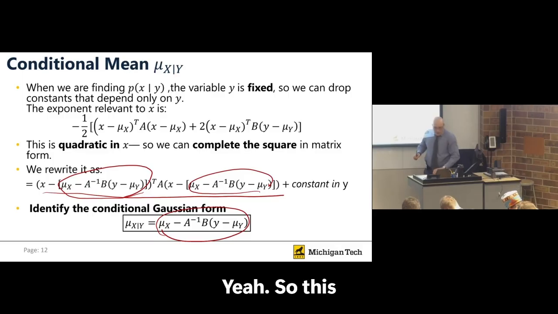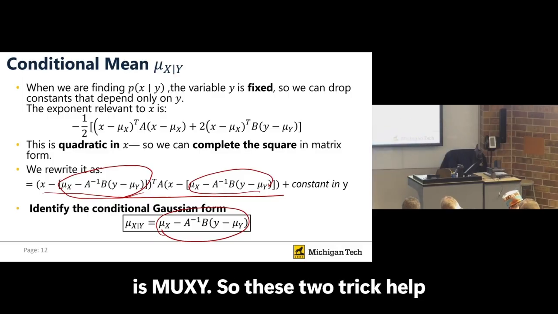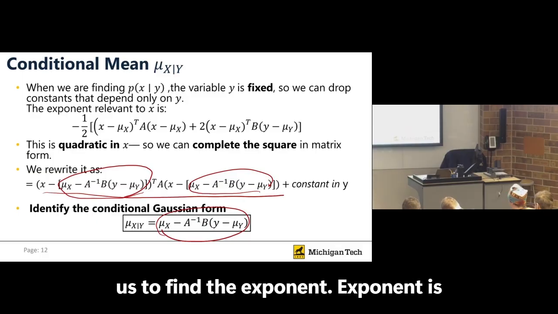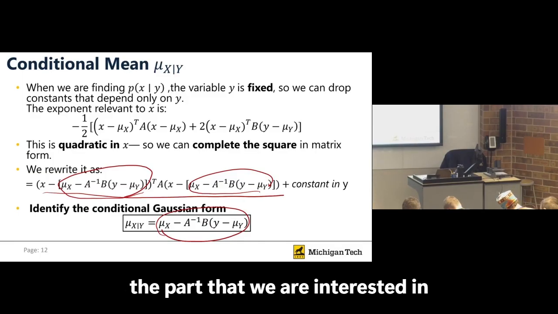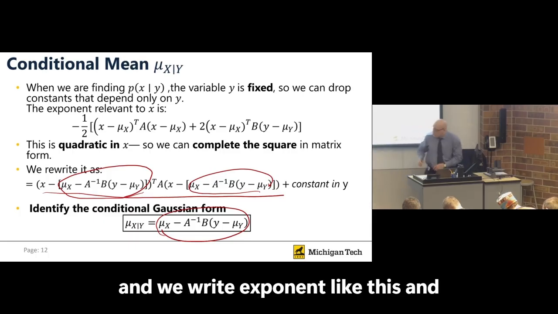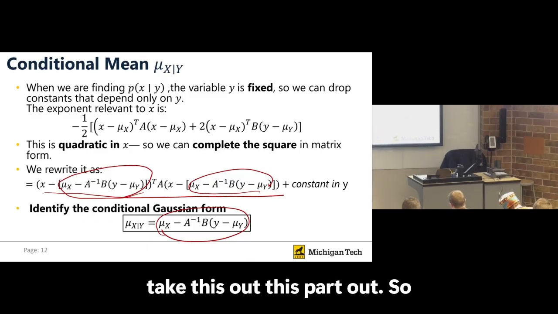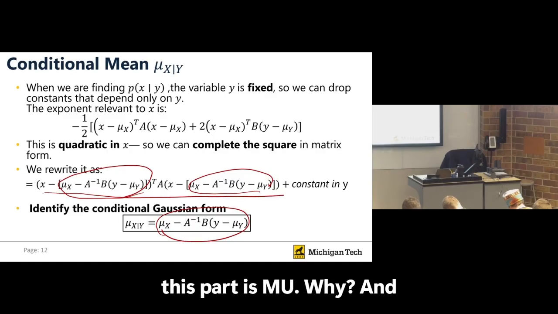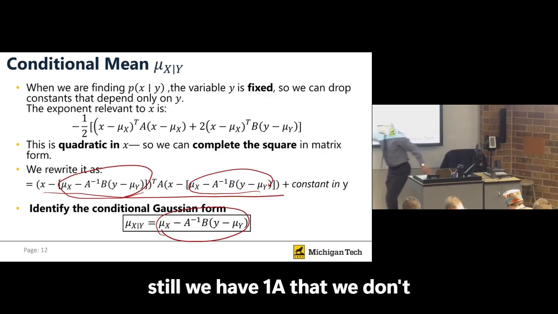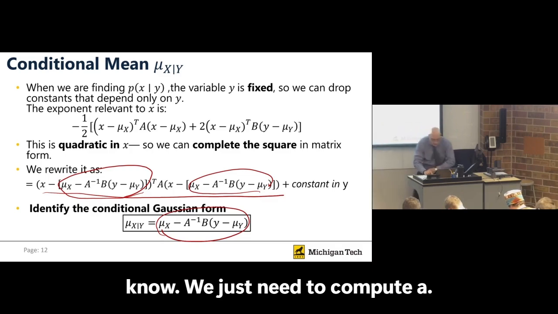Yeah, so this is mu xy. So these two tricks help us to find the exponent. Exponent is the part that we are interested in, and we write exponent like this. And when we write like that, we can take this part out. So this part is mu xy. And still we have one a that we don't know. We just need to compute a.